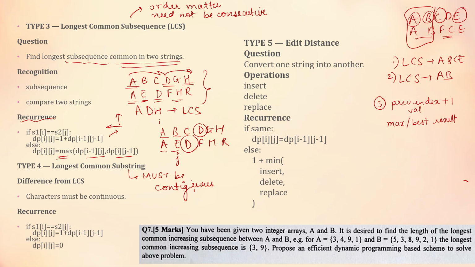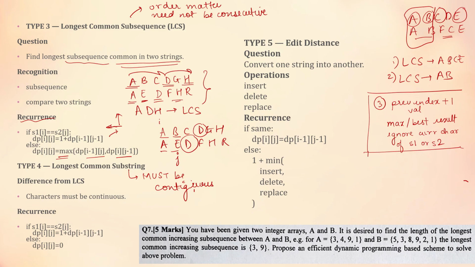So far, we are ignoring either the current character of S1 or S2. So this is basically what is done in case of type 3 recurrence equations.